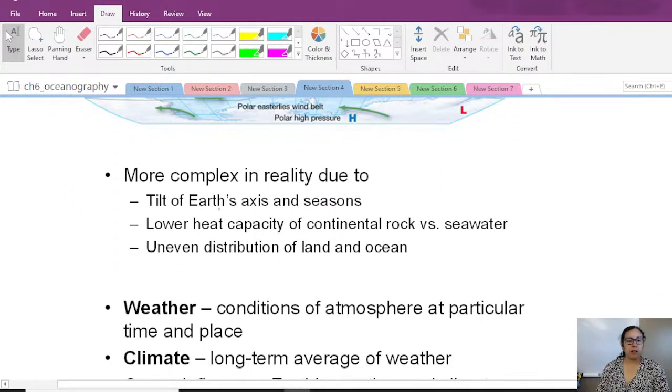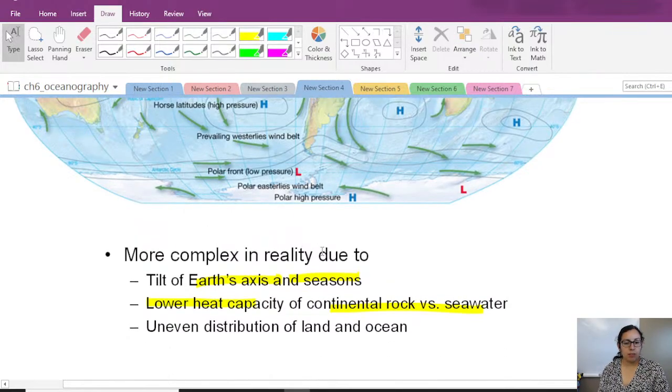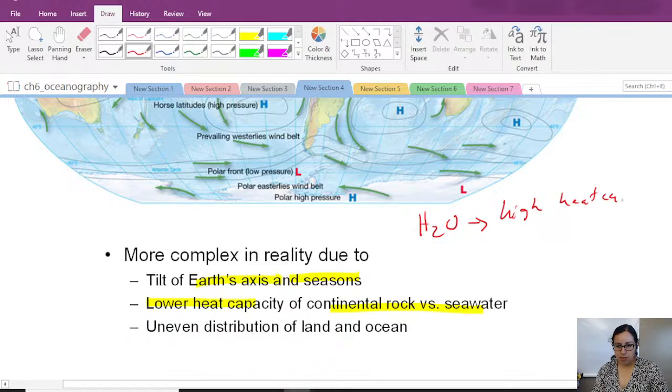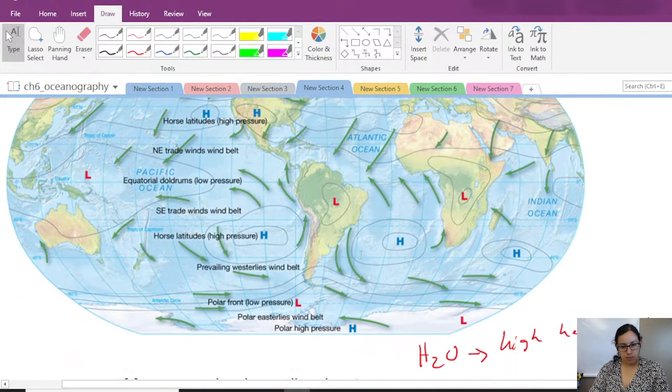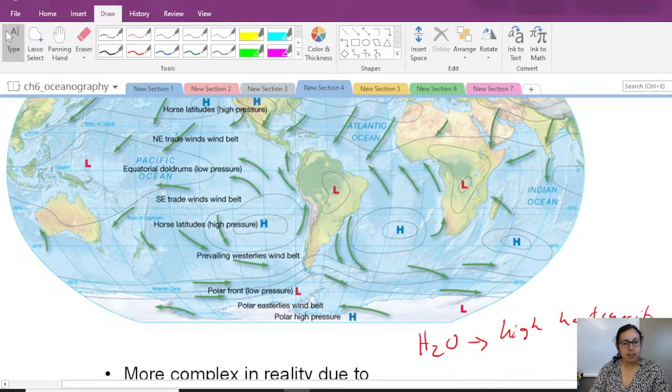And of course, we mentioned all these systems are complex, since we have our tilt, our seasons, and we have to take into account heat capacity. So don't forget that. Water has a high heat capacity, like we mentioned in our last chapters, versus rock, which obviously has lower heat capacity.